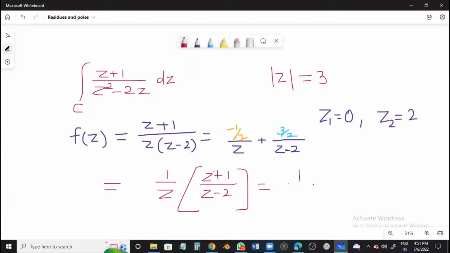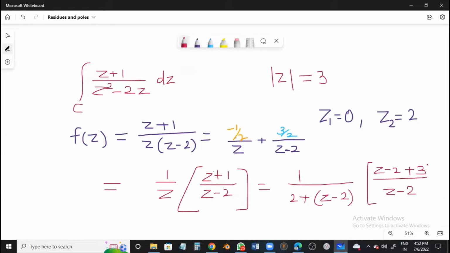And I can write this further as what? 2 plus Z minus 2. Can I? And here again I can adjust Z minus 2 plus 3 upon Z minus 2.